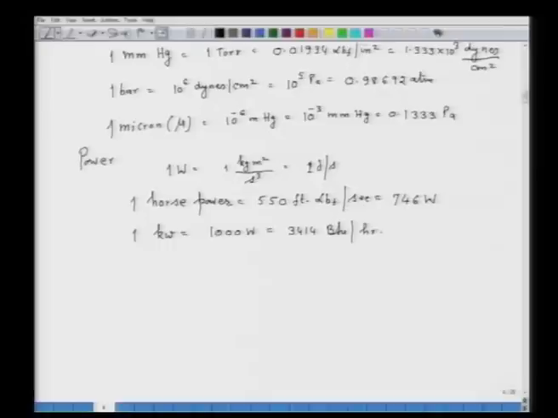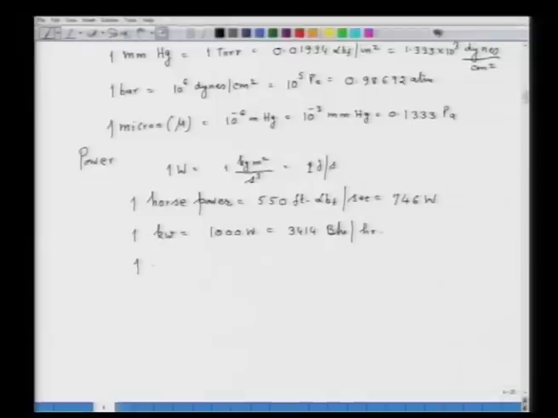Also many times it is required to express the power consumption in kilowatt hour. So, 1 kilowatt hour, I am writing approximately, is equal to 860 kilocalorie, and that is equal to 3414 BTU.